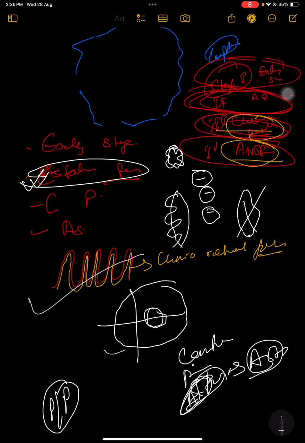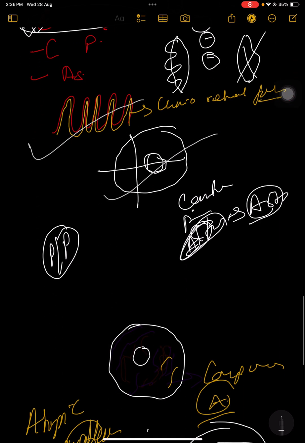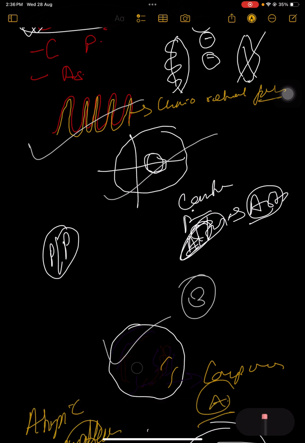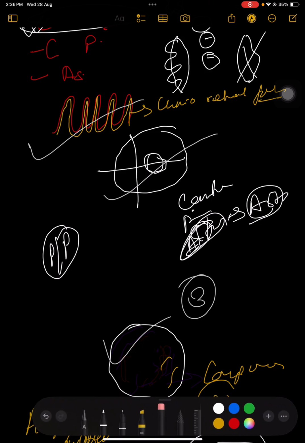And one more thing I would like to add here. Paton's line you understood. You understood about the constriction of the visual field. You understood of the corpora amylacea seen in stage 3, right? One more thing I would like to add here is the champagne cork appearance of the optic disc. So let's rub the optic disc again, and let's make it again.